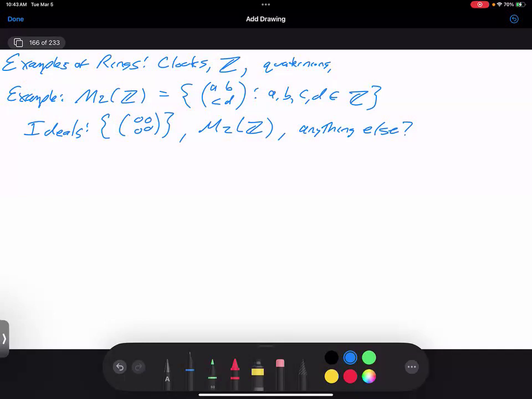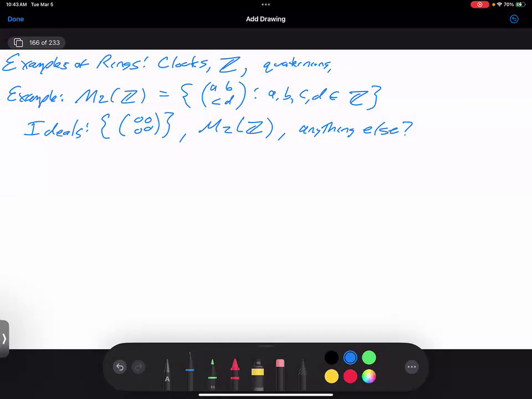But you can fix it though. If you take your ideal to be generated by what you get if you start off with 2 times I. Multiples of the identity, elements of Z. Right, but the identity is a multiple of the identity, and so if you include the identity, you then have everything.